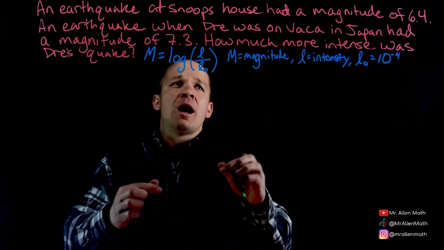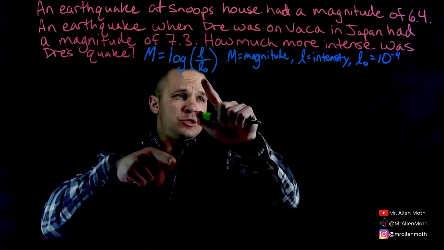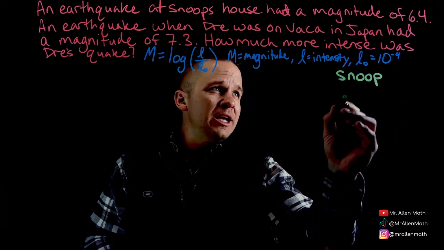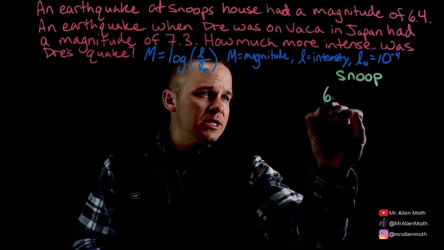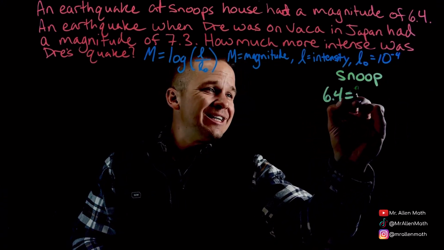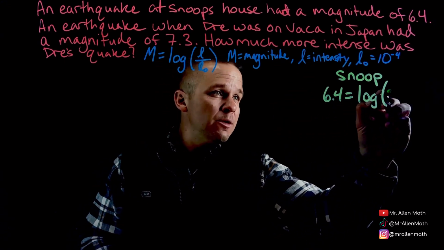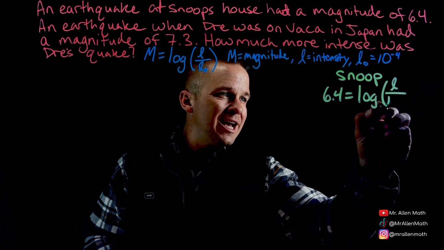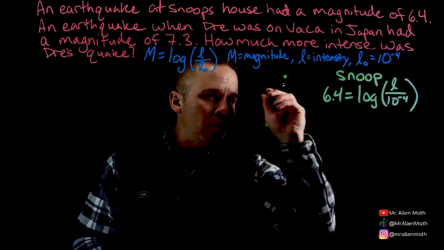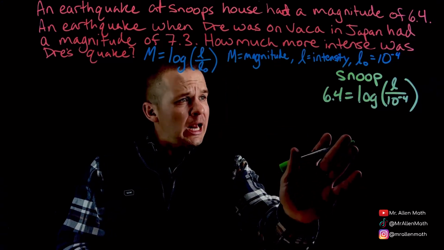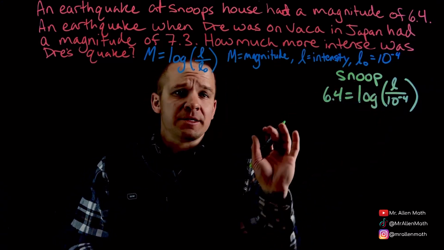First one, let's go with Snoop. So Snoop's quake is a 6.4 magnitude, right? So 6.4 equals log base 10, or just log, of our intensity, which is I, over 10 to the negative fourth. We can just plug that right in. So I've got a little equation here, and I can actually solve this for the intensity on the inside there.